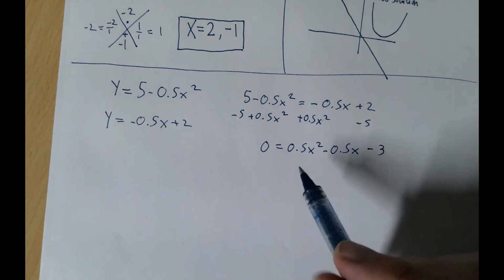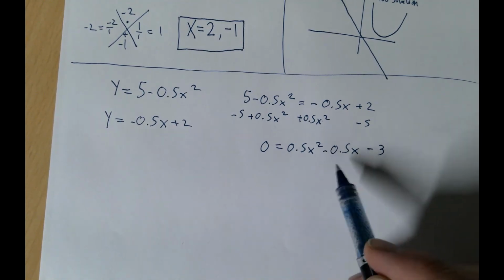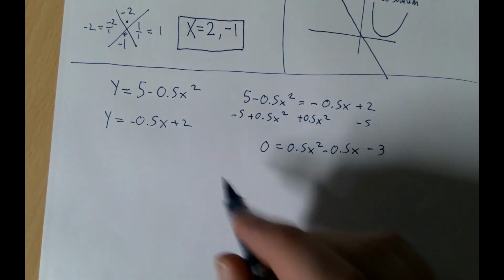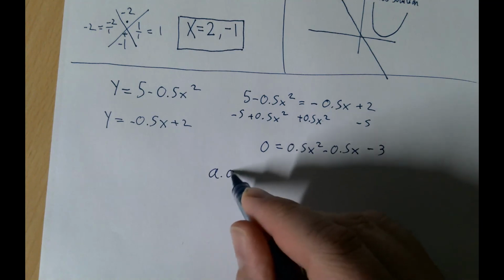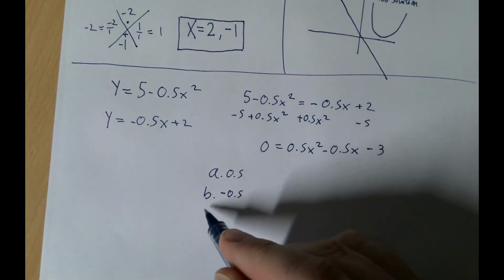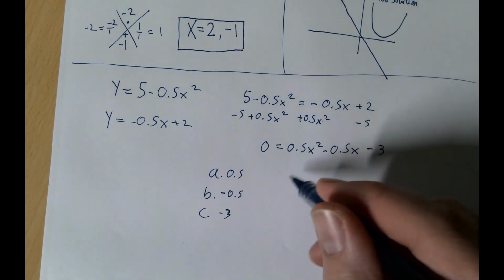And looking at this, this isn't going to work out too nicely because we've got some decimals here. So X factoring is not going to be possible. Quadratic formula is where we want to go. So a is 0.5, b is -0.5, and c is -3. So what do we got?